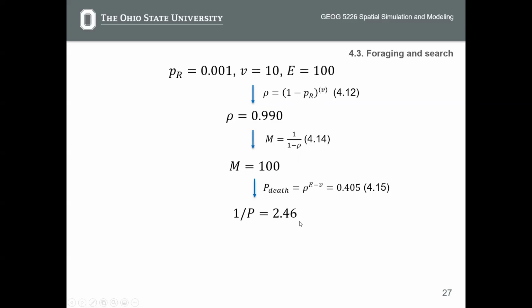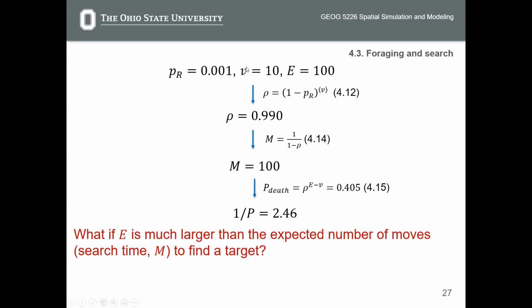If that is the case, I would say it's a very harsh environment to survive, and the walker itself is not strong enough, because the starting energy decides how long it can go before death. So the starting energy here is very important. So what if E is much larger than the expected number of moves, M?